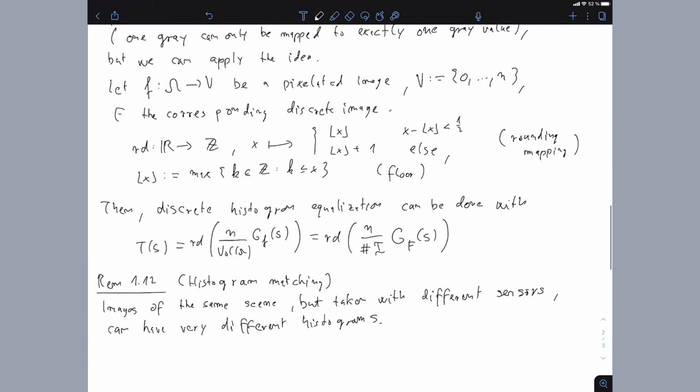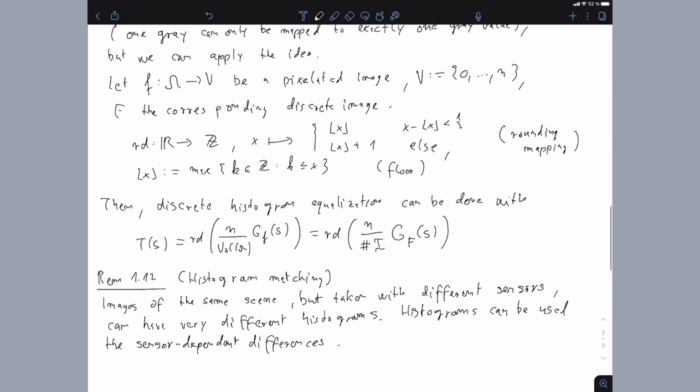The idea of matching is that these histogram differences can be compensated. Also with some assumptions.